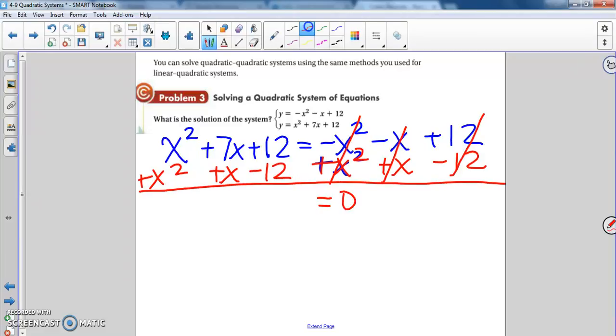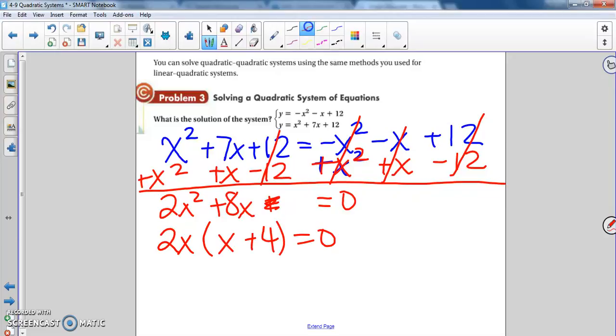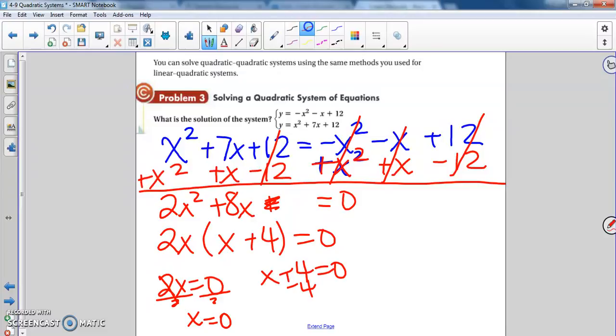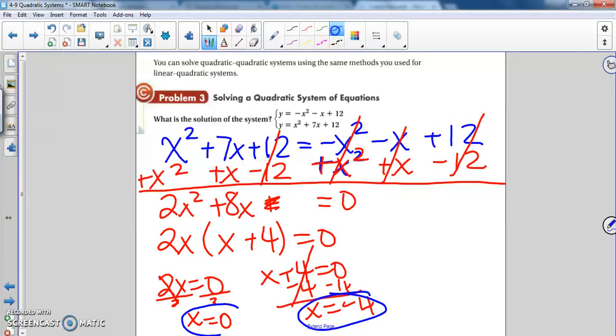I get 0 is equal to 2x squared plus 8x. Those cancel. Now I can factor this by taking out a 2x times x plus 4 equals 0. So 2x equals 0 and x plus 4 equals 0. I set both of my factors equal to 0. Solve for x. x is equal to 0, and x is equal to negative 4.